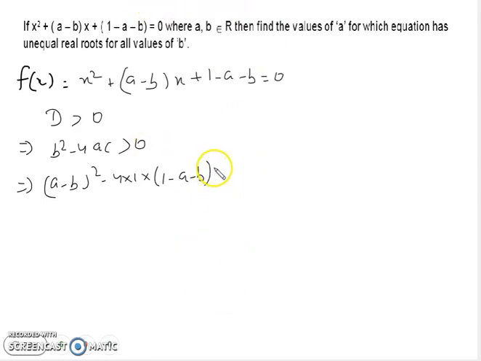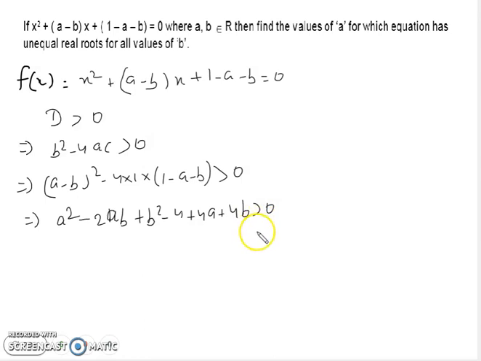We can write (a minus b) whole square equal to a square minus 2ab plus b square, minus 4 plus 4a plus 4b, which is also greater than 0. Are you getting my points, guys?